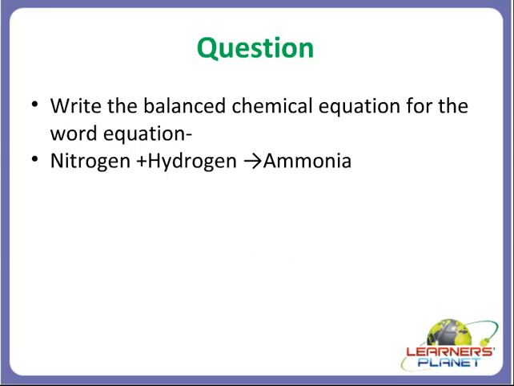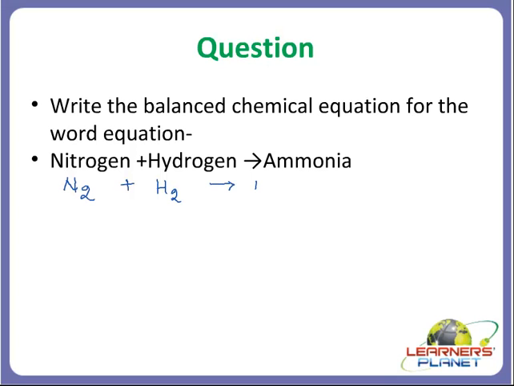Now let's write its formula. So, what is the symbol for nitrogen? N. How does it exist? It exists as a diatomic molecule. This is combining with hydrogen, that is H. And hydrogen also exists as a diatomic molecule. And what are they forming, students?